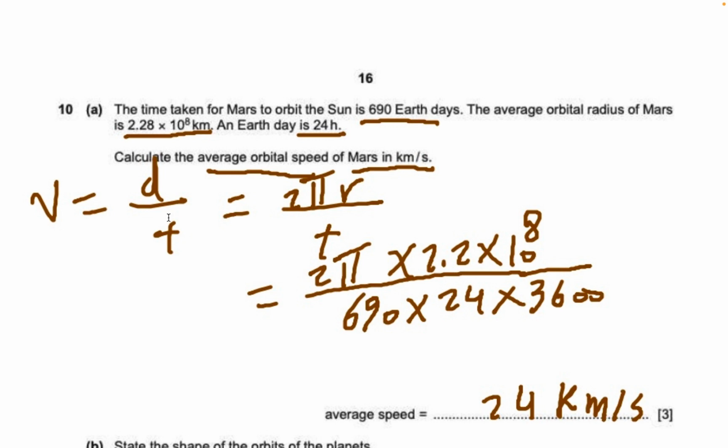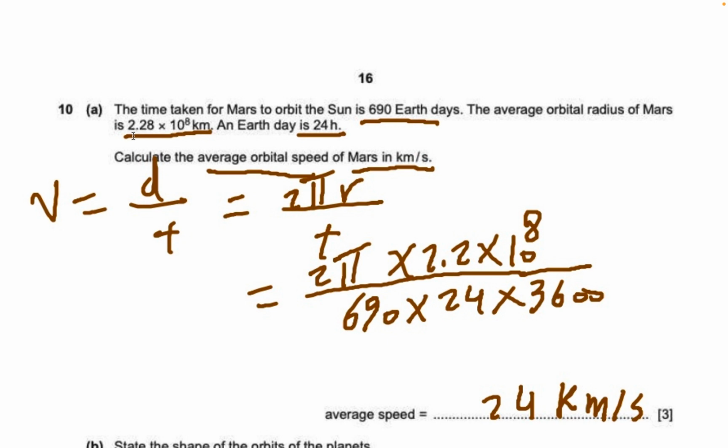So the speed equals distance over time. What about the distance and what about the time? The distance is the orbital circumference, which is 2 times pi times r, where r is the orbital radius, over the time period. So 2 pi r. What about the radius?